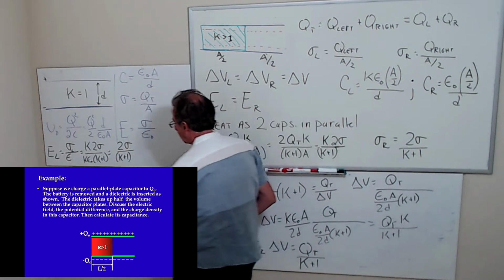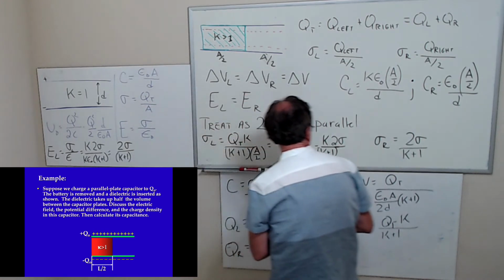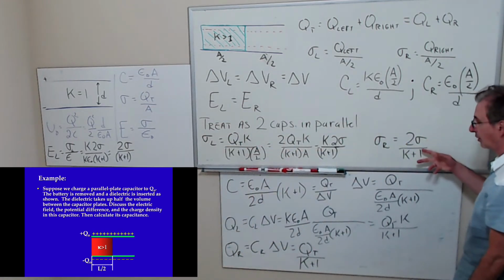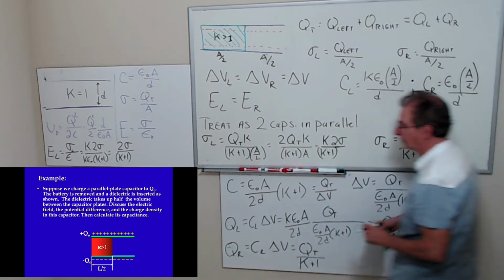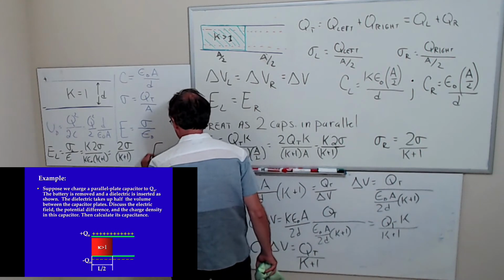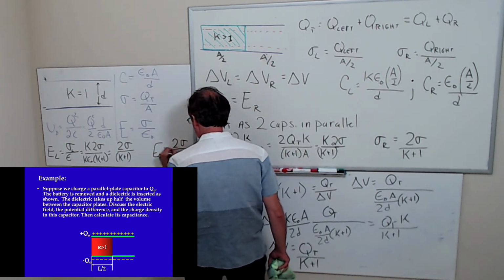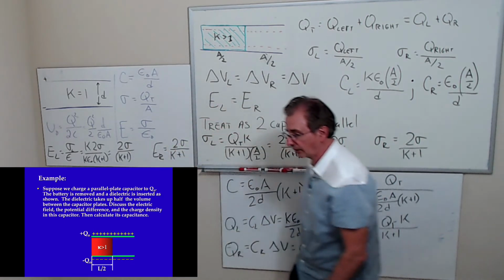That's the electric field on the left. Now the electric field on the right is going to be this over epsilon naught. And so E right is 2 sigma over kappa plus 1. The field on the left and the field on the right are equal.